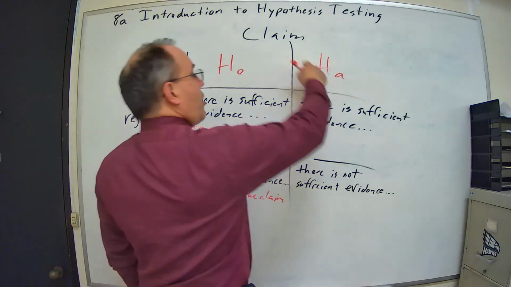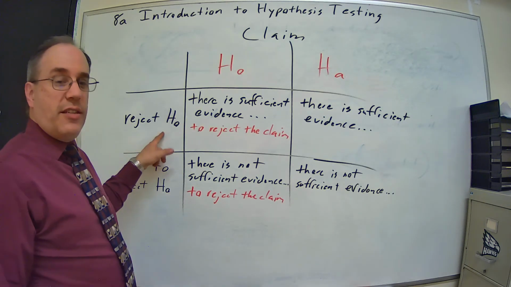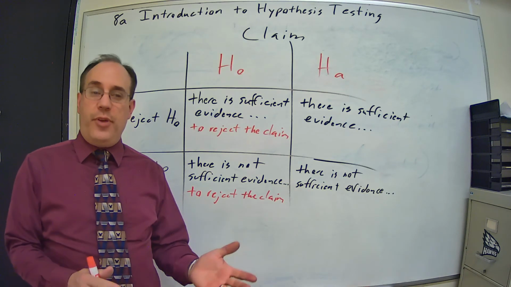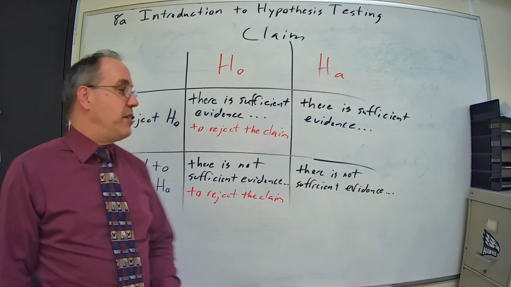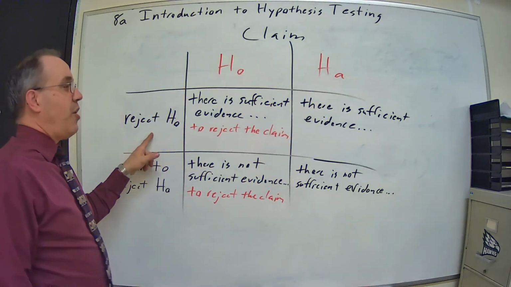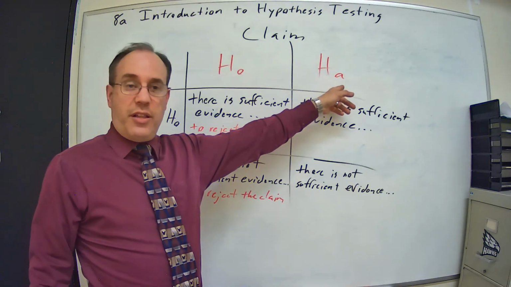Now, if the claim is the alternative hypothesis and we rejected the null hypothesis, remember that the alternative hypothesis is the complement of the null hypothesis. So if the claim was the alternative hypothesis and we rejected the null hypothesis, we rejected everything but the claim.